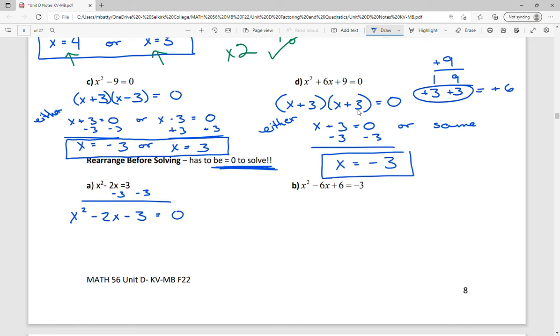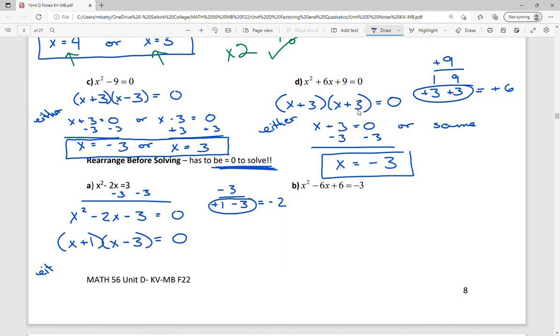Now that I have this set equal to 0, I can factor it and then apply the zero product principle. So -3 would be at the top of my number puzzle. 1 and 3 are my only options. I'd have a +1 and a -3 that add together to give me my -2. So factoring this, I get x plus 1 and x minus 3. It's still set equal to 0, which is significant, so that I can do my zero product principle.